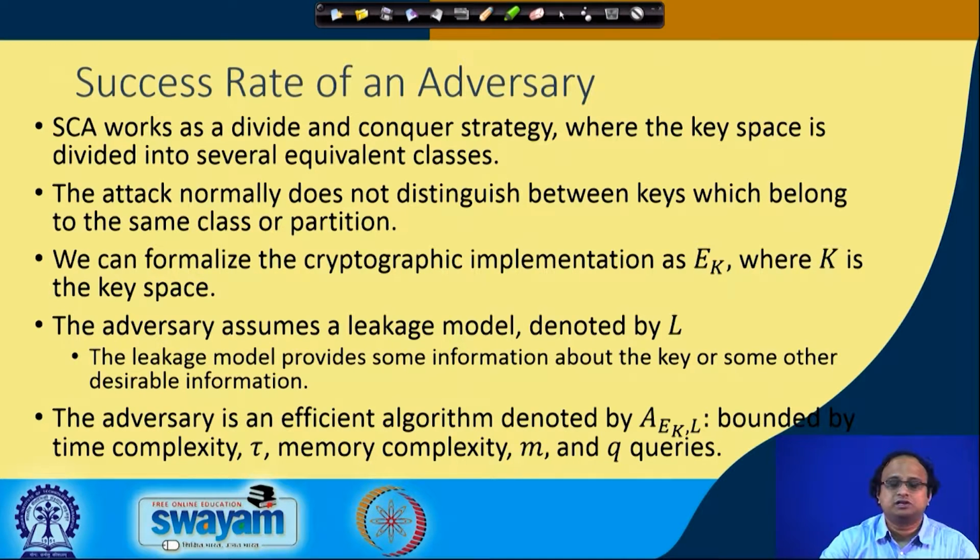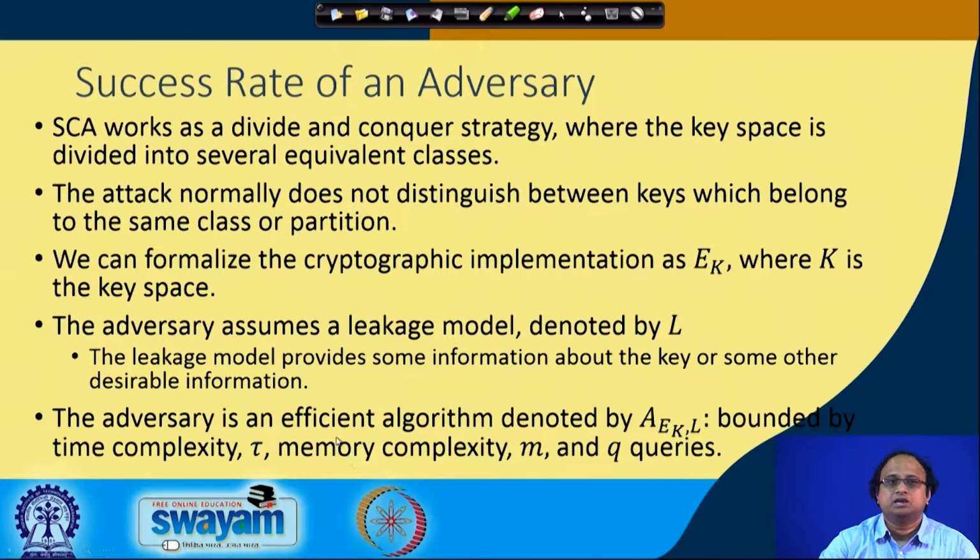Now, the adversary is often modeled as an efficient algorithm, an efficient polynomial time algorithm, which is denoted by A_{Ek,L}, and it is bounded by its time complexity tau, memory complexity m, and q queries.